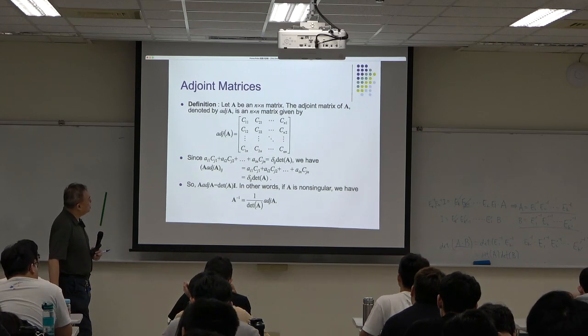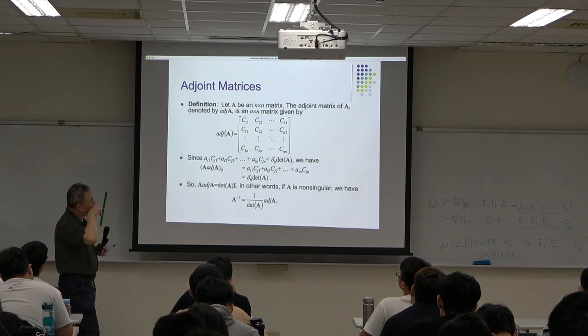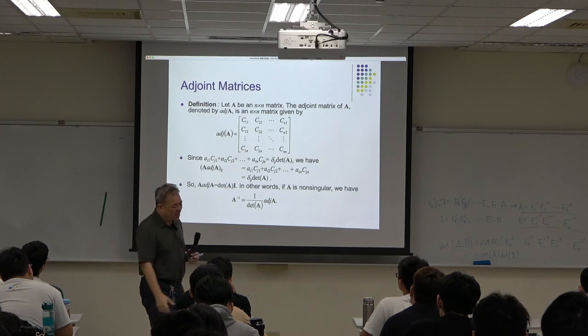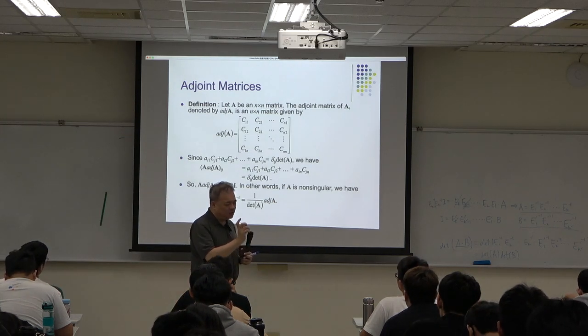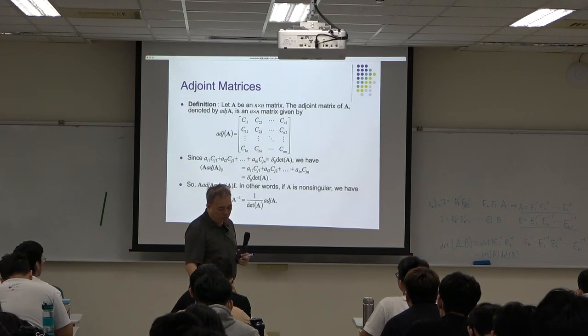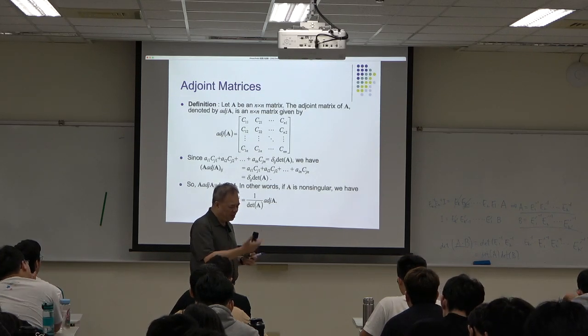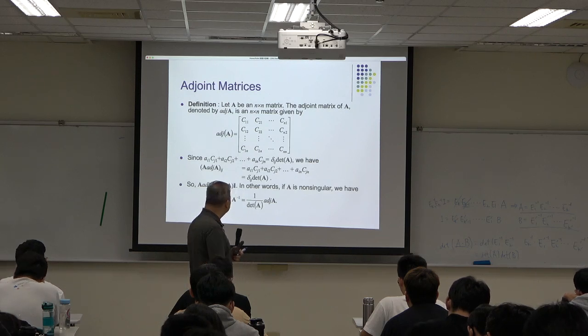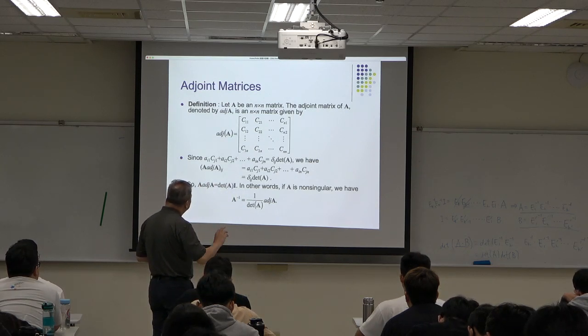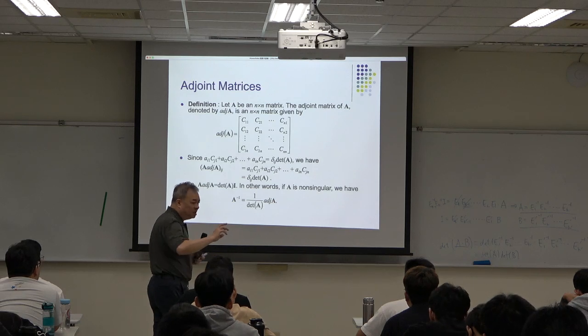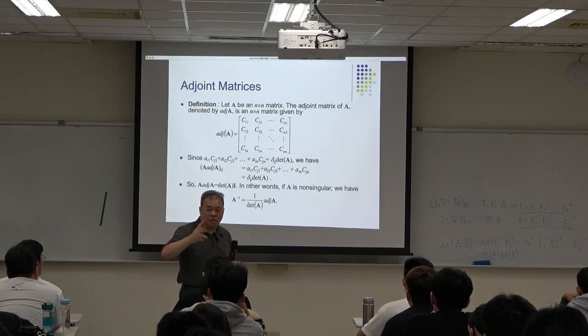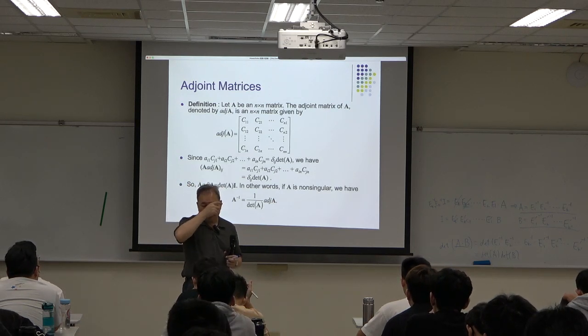The cofactor of every corresponding element of A appears over there. But there's a small twist here: it's actually the transpose, by the way.